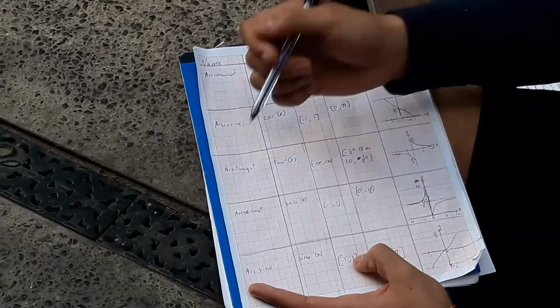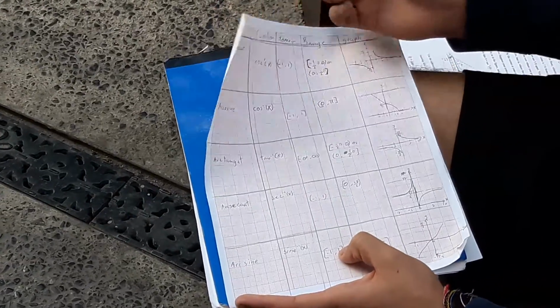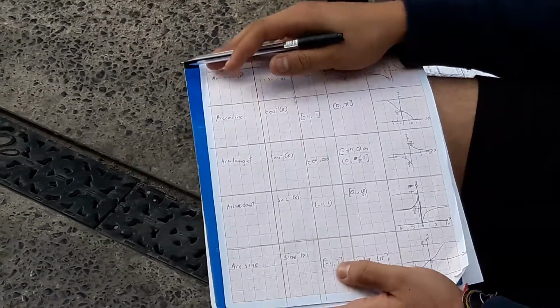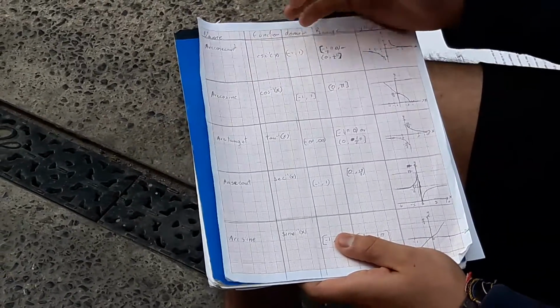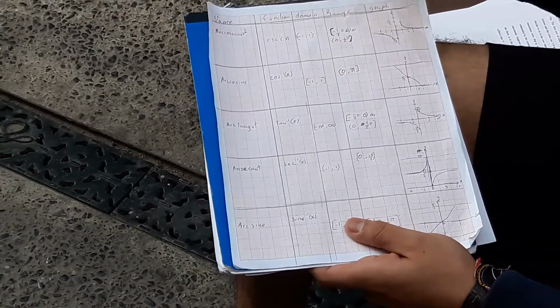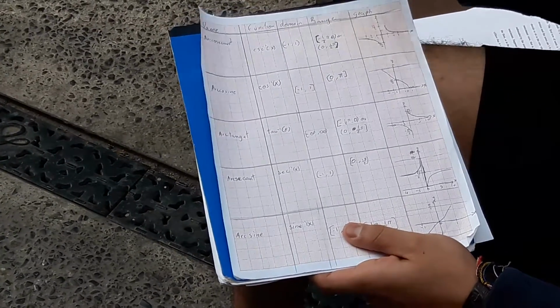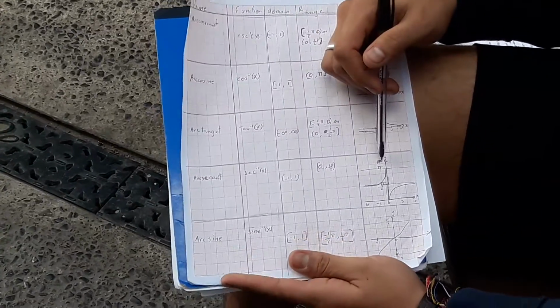And we also have the arc secant. It's sec to the -1. The domain here is from -1 to 1, not included. The range is 0 to 1 over 2 pi, not included. And it looks like this, okay?